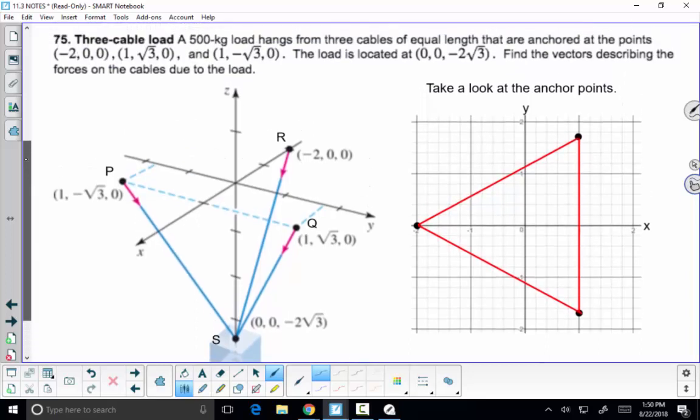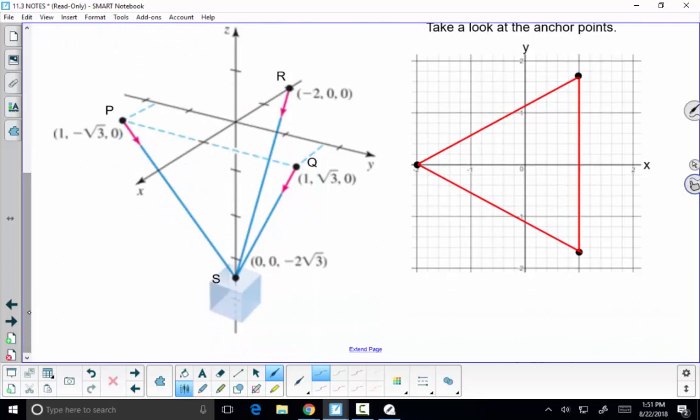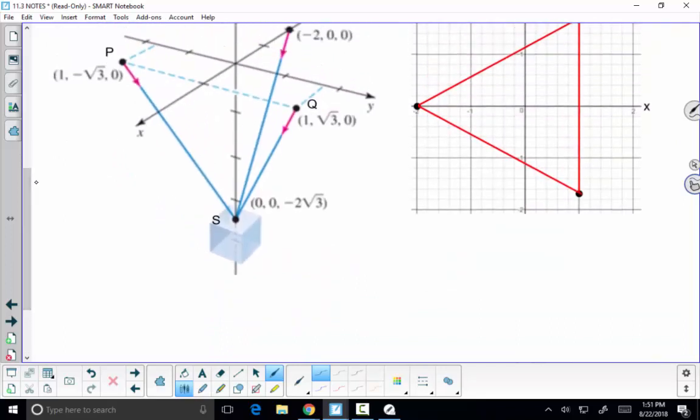It's very helpful. One other thing I want to say about this is that you've got to be a little careful with your signs, because the way that they construct this problem, notice that they put the unit vector pointing in the downward direction. And so normally when we are concocting a set of equations for a system, we say, okay, it's at equilibrium.